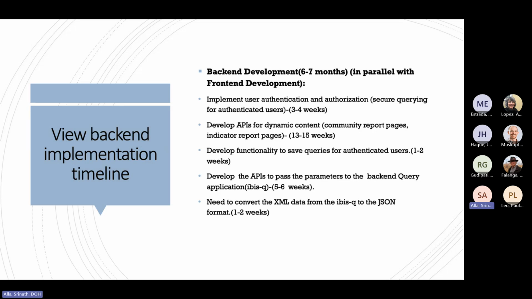And as we get the data in XML format from the IBIS queue, we need to convert it to JSON format and send the data back to the front end. For this conversion of the XML data to JSON format, we would need at least 1 to 2 weeks.